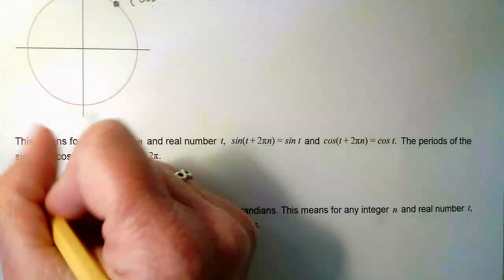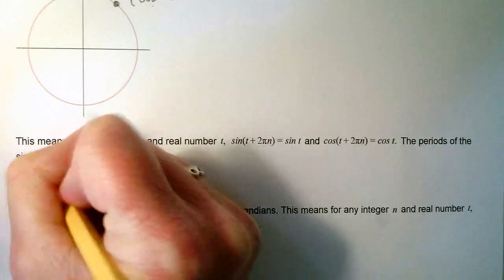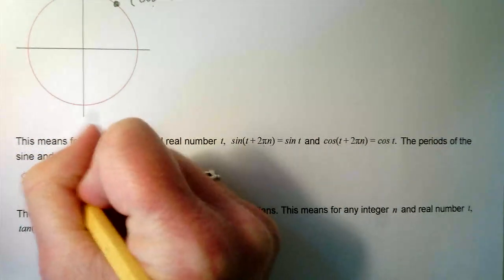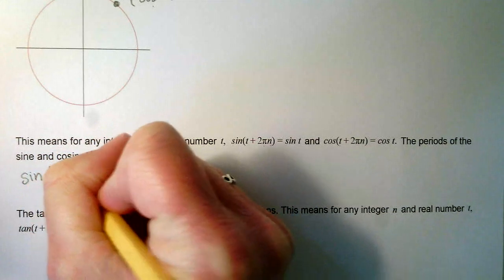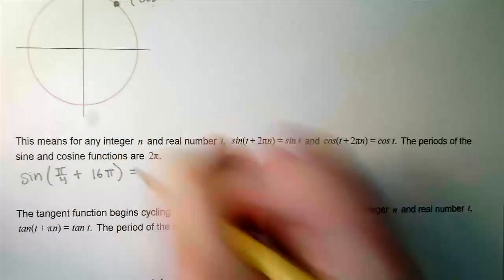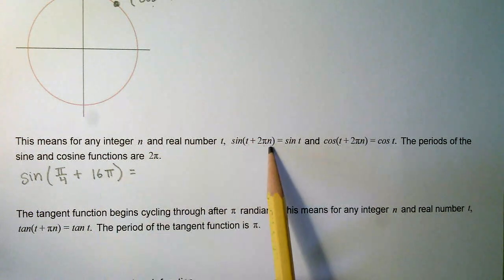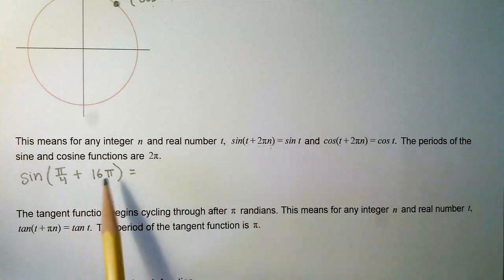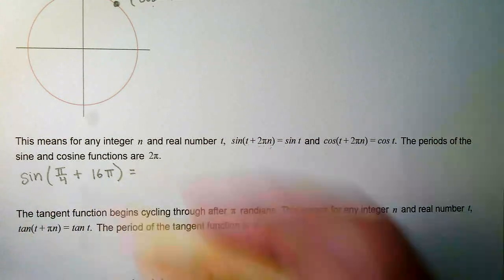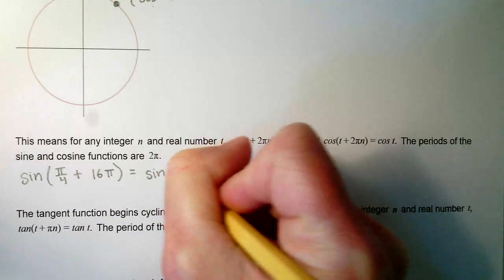So what this means is if I have the sine of pi over 4 plus 16 pi, here n would be 8, right? Because 2 times 8 would give me the 16. I can say that this is just equal to sine of pi over 4.